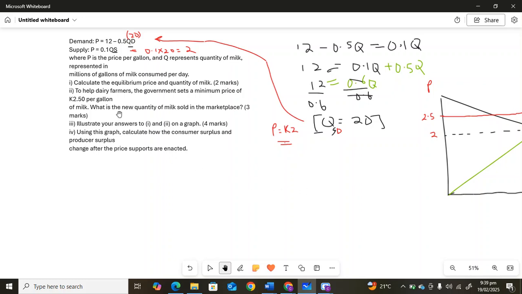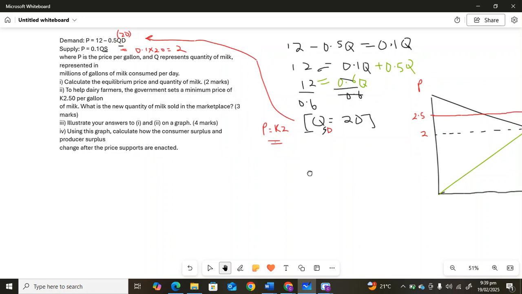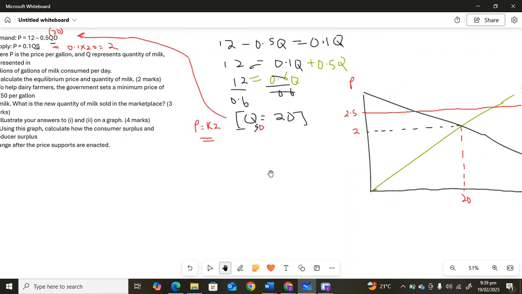So here they want to know what is the new quantity of milk sold. So which function are we dealing with, demand or supply, when we talk about sold? Supply, yes.